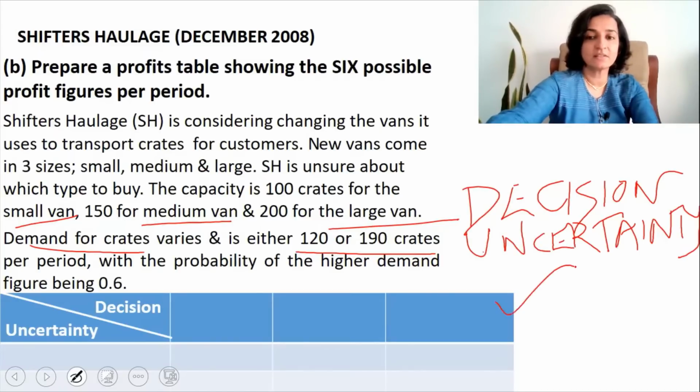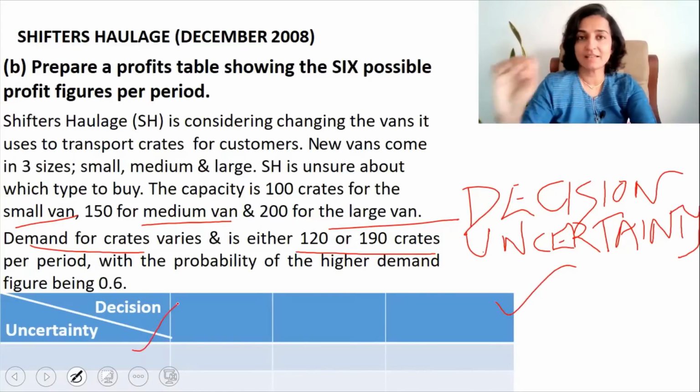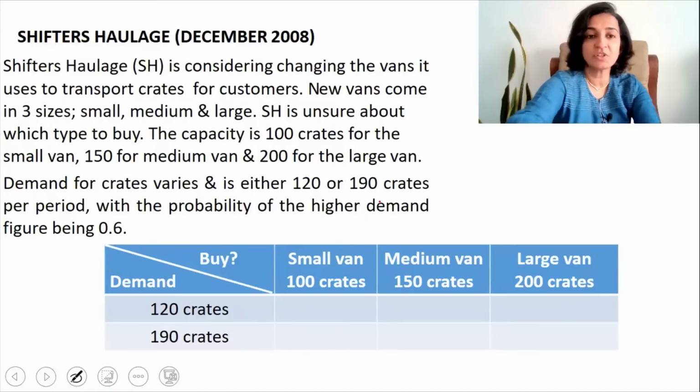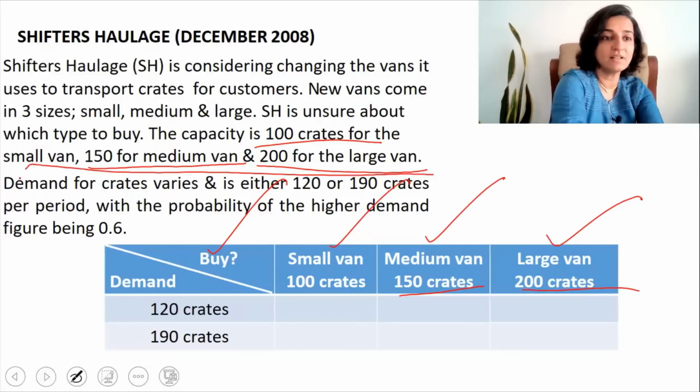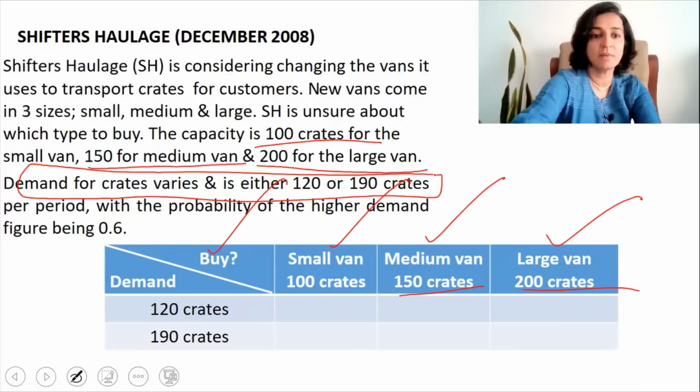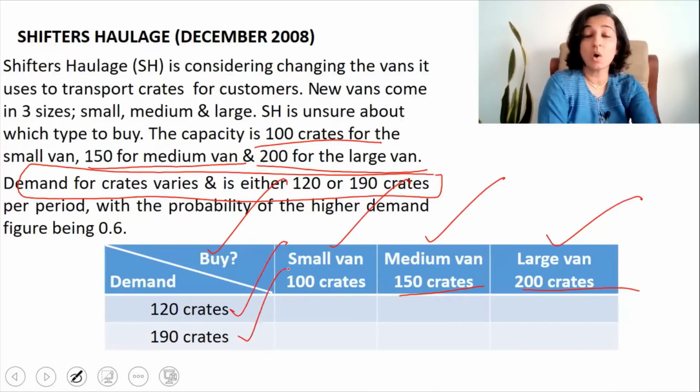So let's write the decision and the uncertainty as the column headings and the row headings. The decision option is whether to buy a small van with a capacity of 100 crates, a medium van with a capacity of 150 crates, or a large van with a capacity of 200 crates. And as far as the demand is concerned, the demand can either be 120 crates or 190 crates.